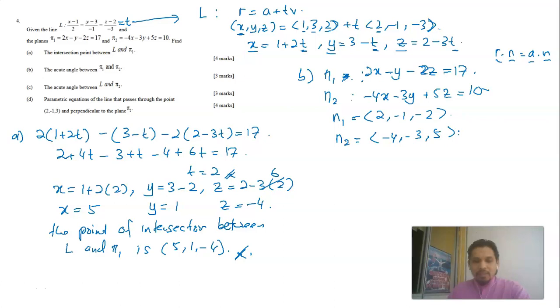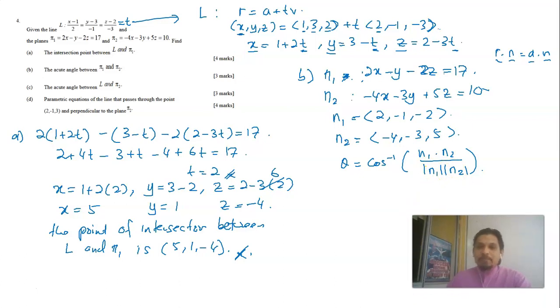So then, we need to find theta equal to arc cos of n1 dot n2 divided by modulus of n1 and modulus of n2. By the way, we need to find modulus of n1 and n2 first.